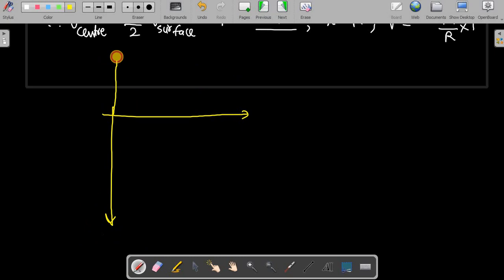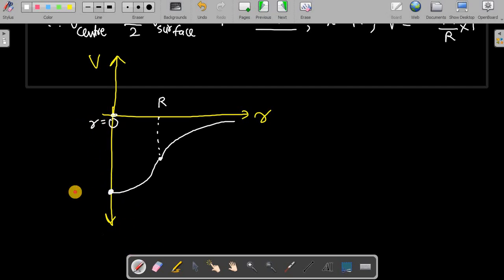So this is potential versus r. This direction is negative potential, so the potential will go like this up to that point R. After that point, it is like this. So this is the center, x is equal to 0, or r is equal to 0.